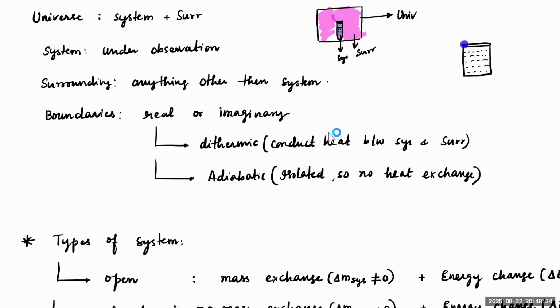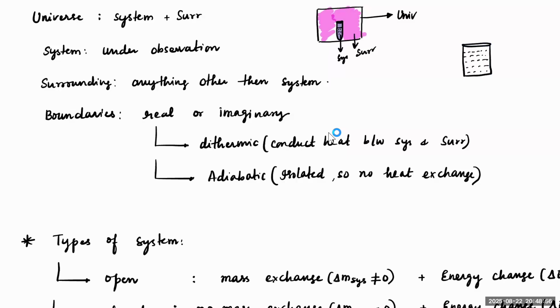So up to this space, whether it is a real part or a virtual part, I will call everything that is present inside a system. Anything outside that is surroundings. So if you notice, from all other directions, from the bottom, from the left, from the right, everything is a real boundary. And on the top, we have an imaginary boundary.